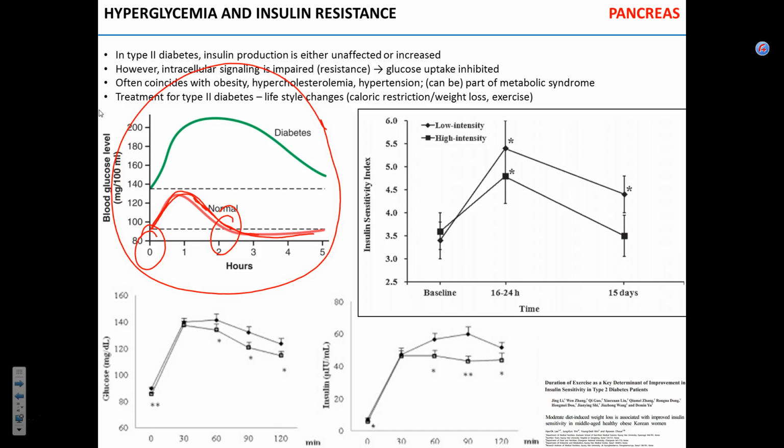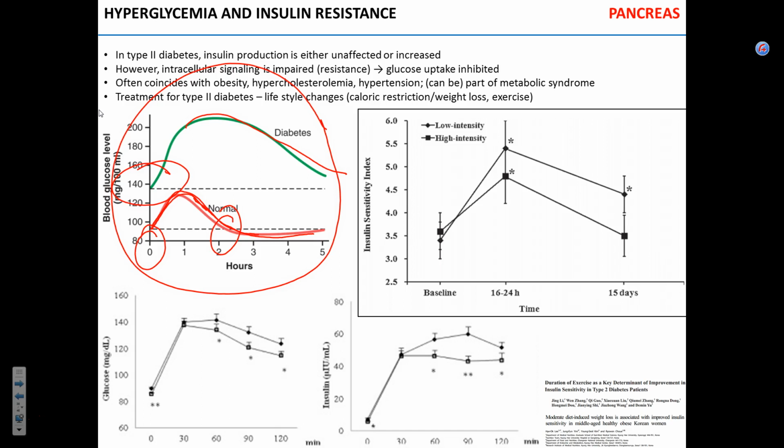If in 2 hours your blood glucose is back to normal, you're all good, plus minus 15 minutes. Patients with diabetes, first of all, have elevated fasting glucose. And glucose levels in the blood decrease really, really slowly, much slower than in patients without. That makes sense?